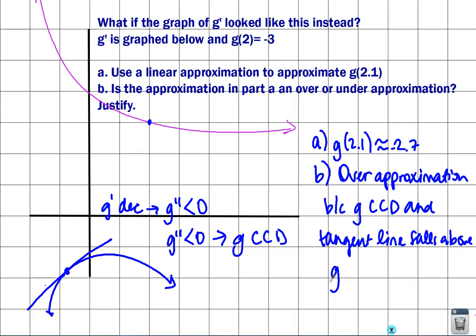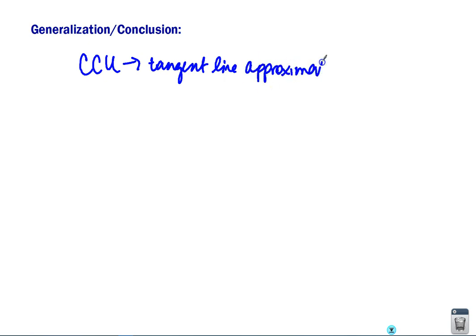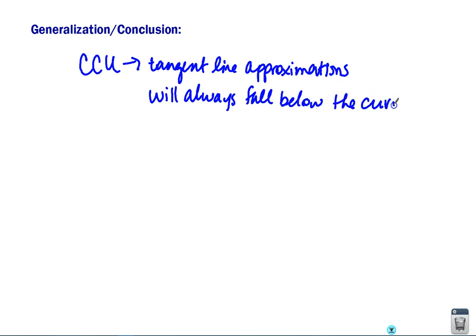Okay, so in general, the idea behind whenever we do a linear approximation: if your function is concave up, tangent line approximation will always fall below the actual curve, and approximations will be under.